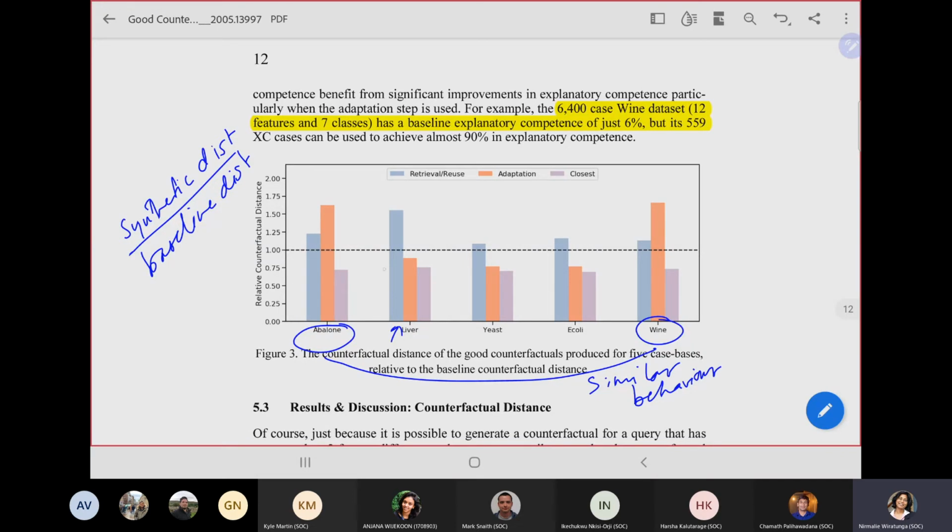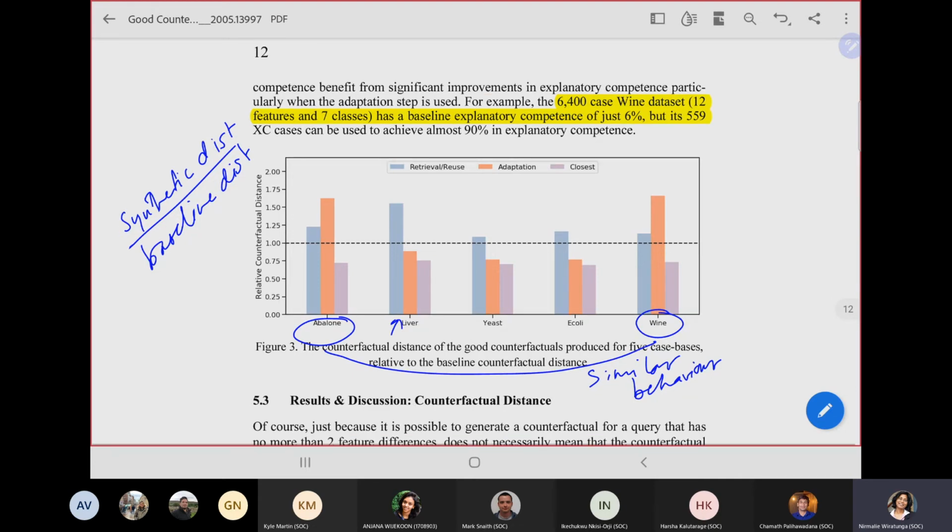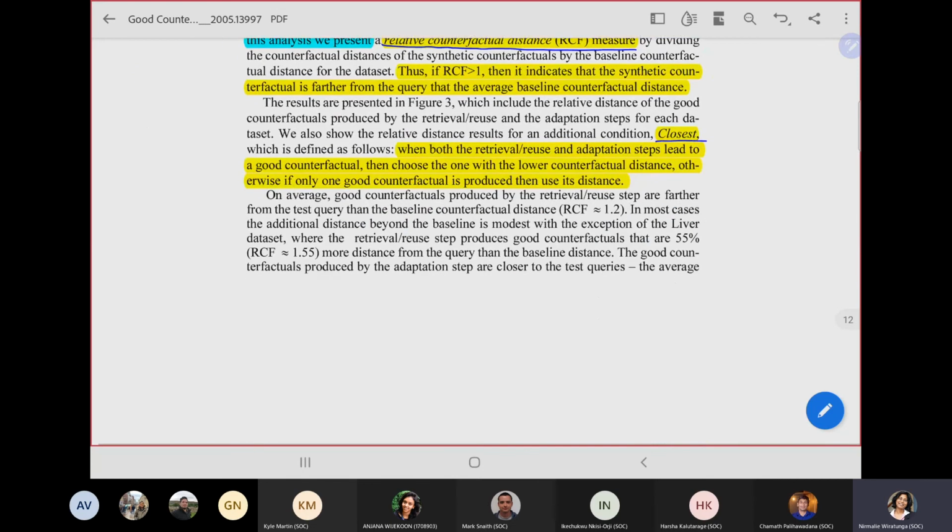So what they're saying is, even if you generate a counterfactual just by retrieving, it is always better to try and adapt it as well, because the adapted counterfactuals tend to be closer to the query. So I think that is what this is trying to show in that picture there.